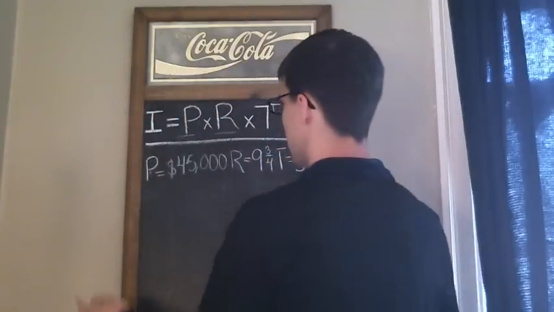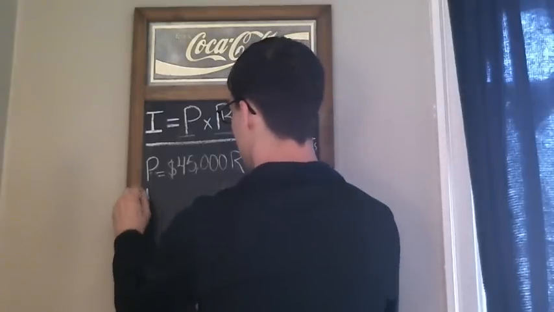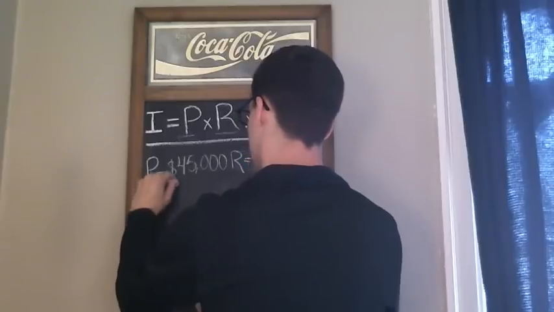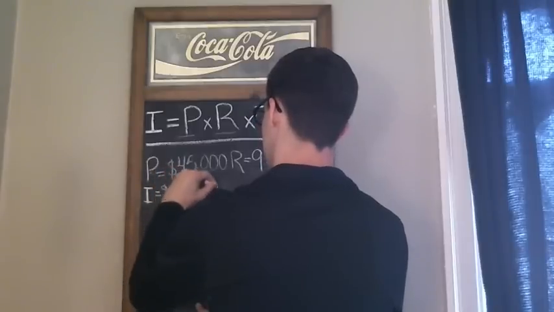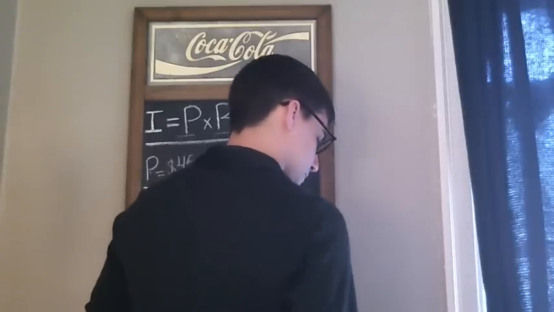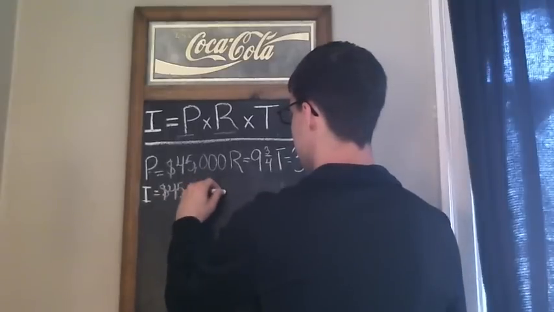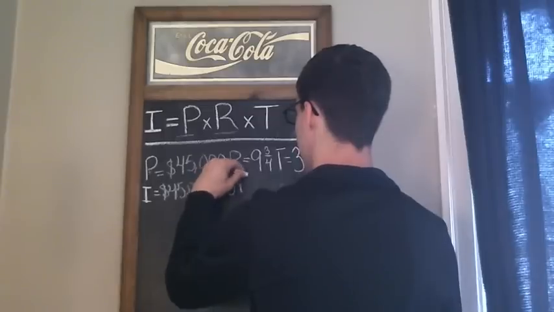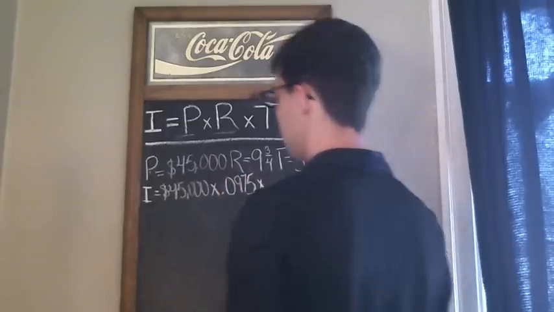So I'll show you how to do that, but let's start out our formula here. So we have I equals 45,000 times our rate, which is 0.0975, times our time.